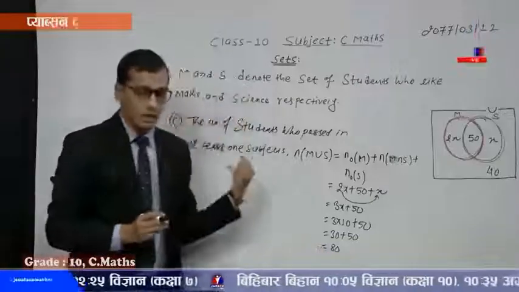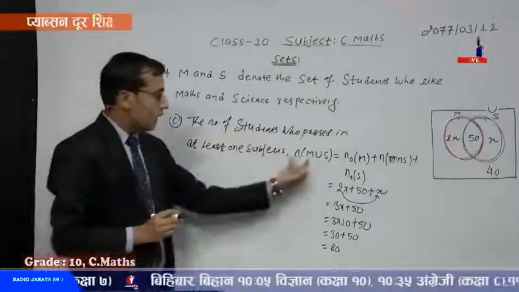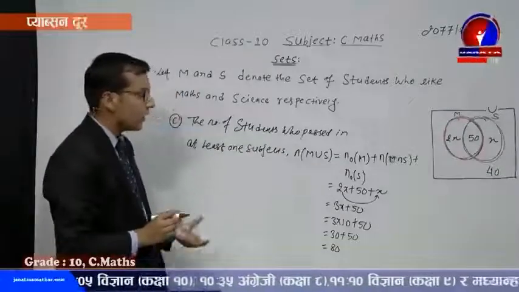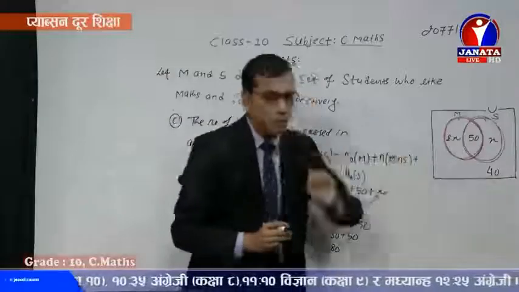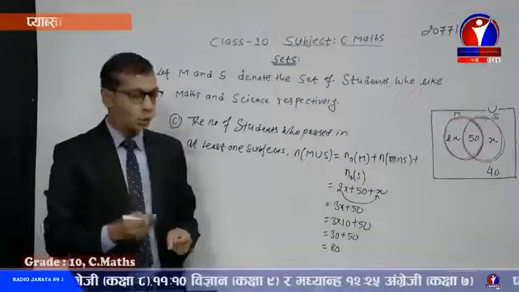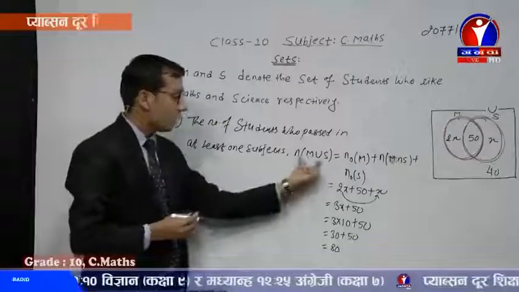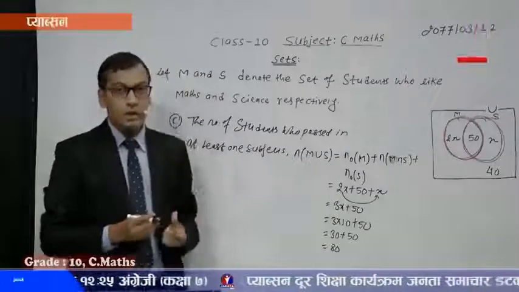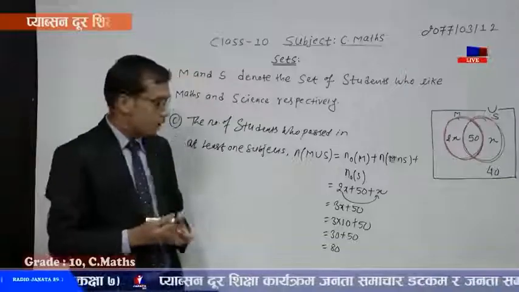Or this was already calculated in the beginning of the solution. For n of M union S, for at least one subject, if we simply deduct the complement from n of U, we can obtain n of M union S, which gives the number of students who passed in at least one subject.